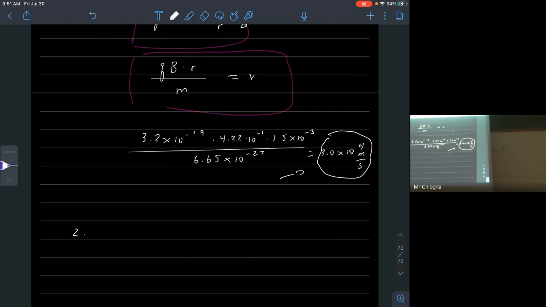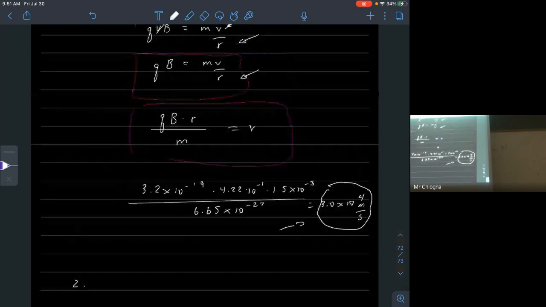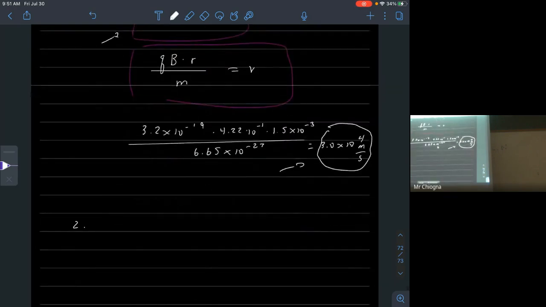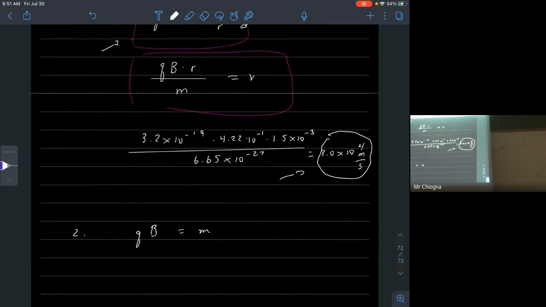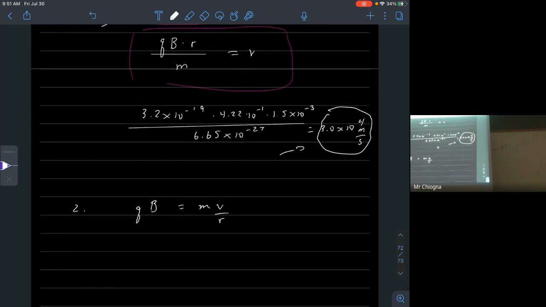Two, a proton travels through a magnetic field, perpendicular field. We got the radius. What's the magnetic field? Same equation. Okay, just solve for the magnetic field. It's a perpendicular magnetic field.